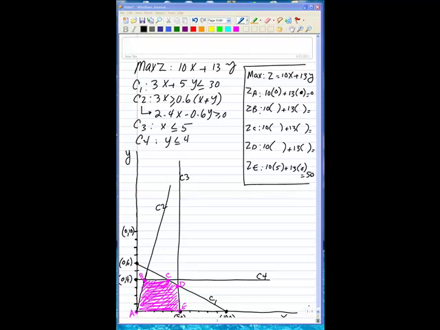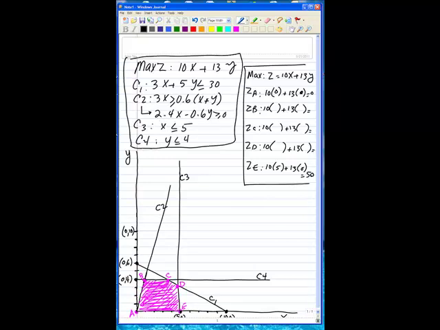Okay, this so far here is the problem that I have shared with you, the constraints and the objective function. If I were to redraw the constraints that we have worked with so far, this diagram is what we came up with.